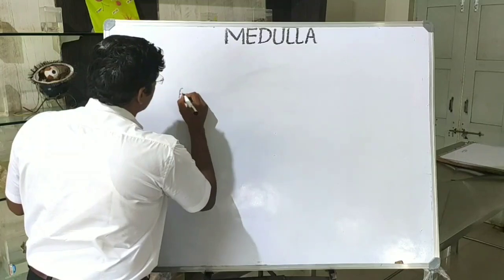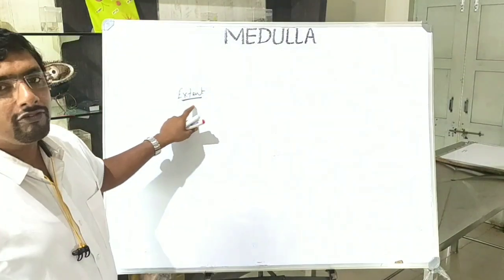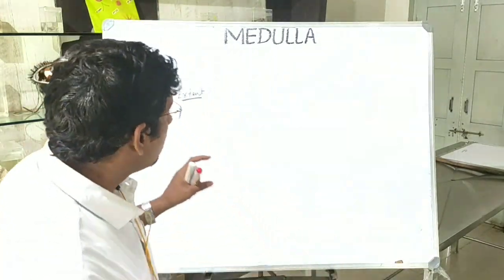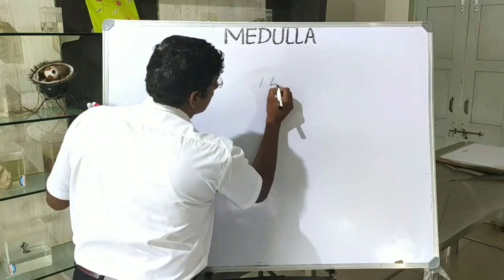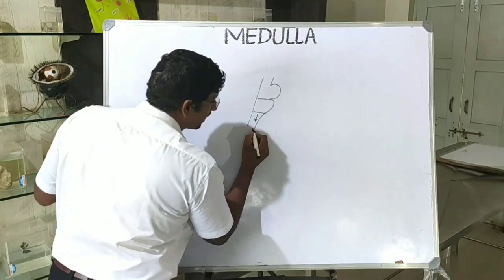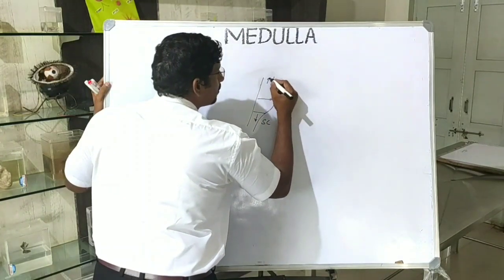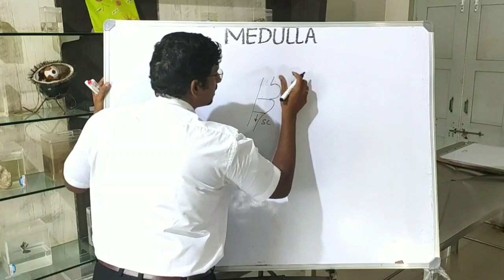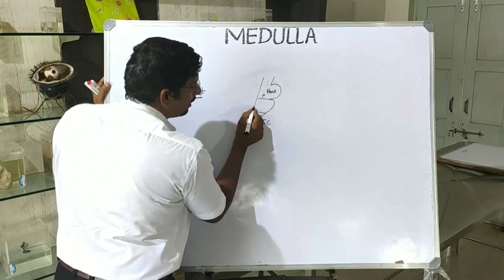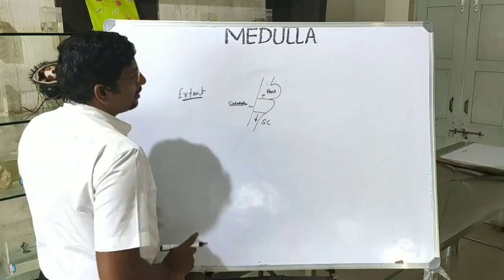Now we will see its extent. From where to where is the medulla oblongata extended? As we already know, below it extends to the spinal cord, above it extends to the pons, and behind it has the cerebellum, right?